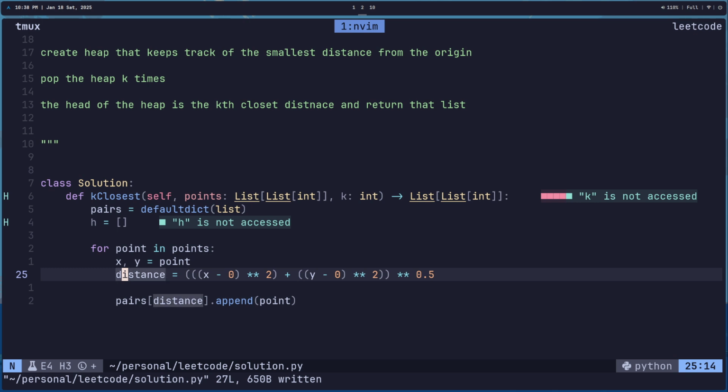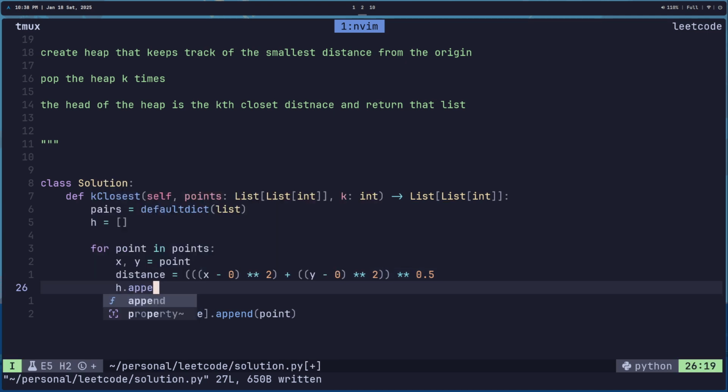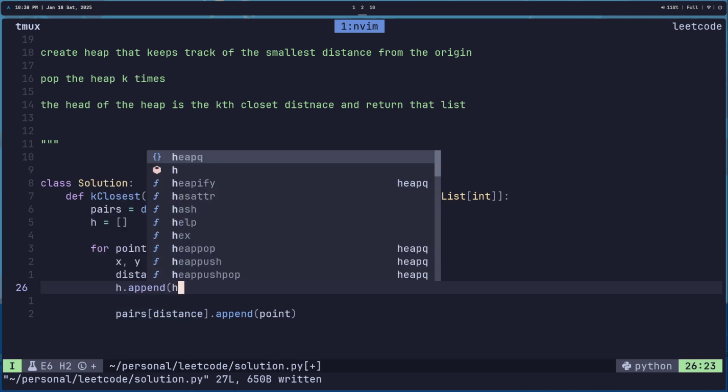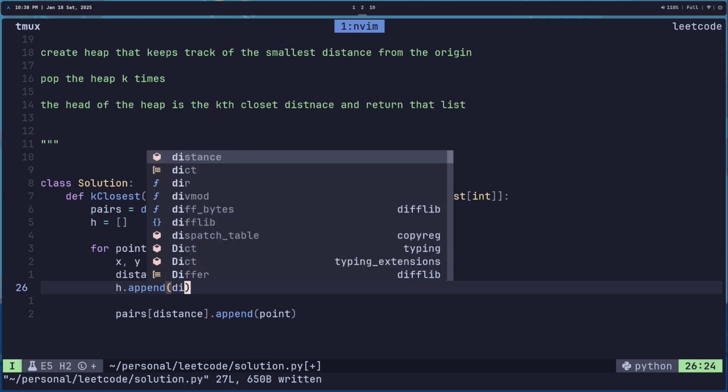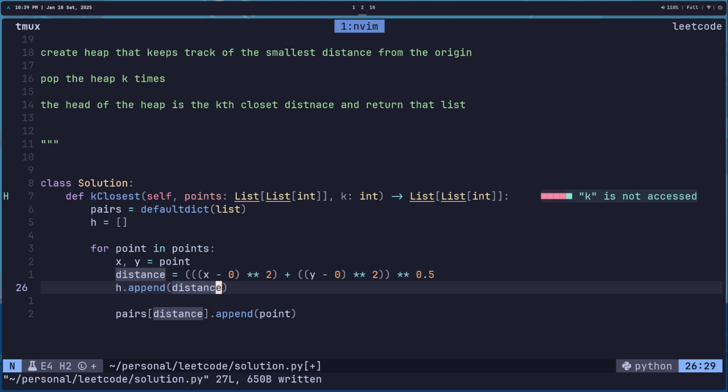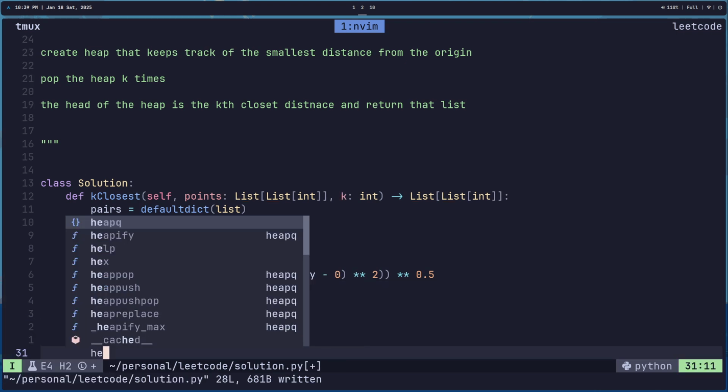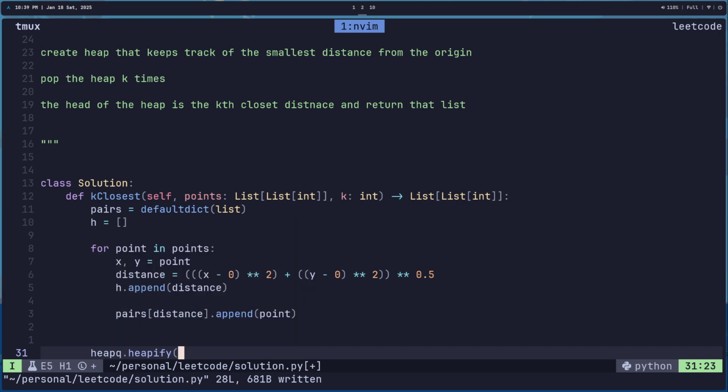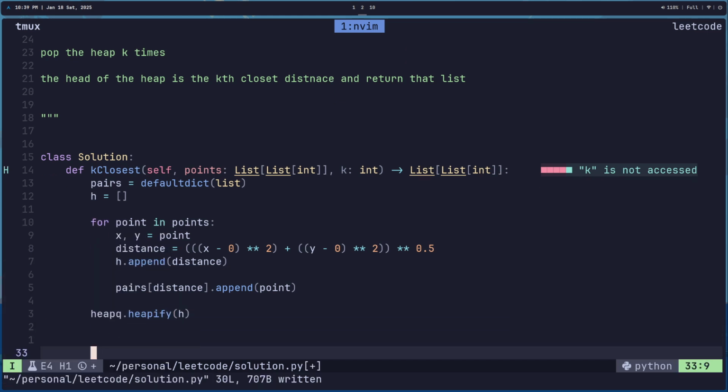We want to keep the distance. So let's actually h.append distance, and then we can heapify h, and that would get us that.